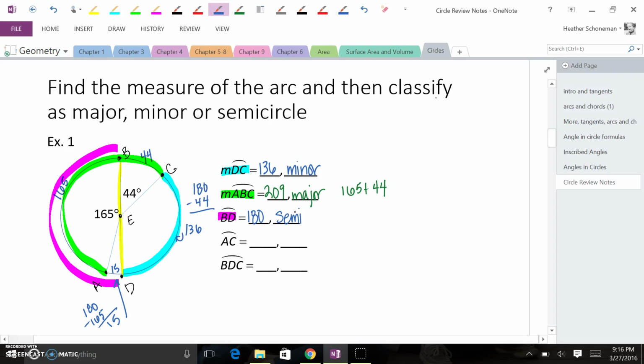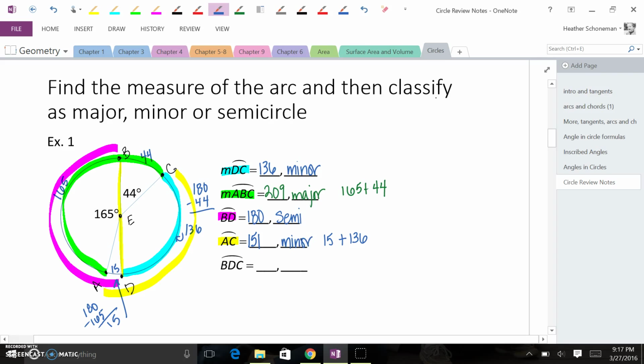Arc AC. Okay, two letters, shortest distance between the 2 points. So it's a combination of those two arcs. So it's 15 plus 136, okay, which gives us 151. Still less than 180, so it is a minor arc.